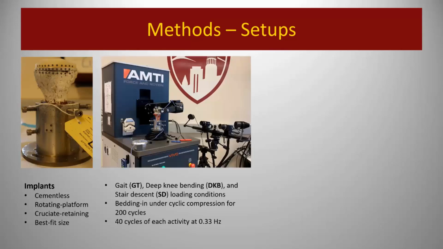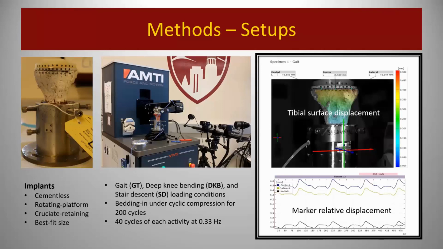The constructs were then mounted into the 6 degrees of freedom AMTI Vivo machine to simulate gait, deep knee bending, and stair descent. Experimental boundary conditions were derived from telemetric implant data and ASTM standard. After bedding in under cyclic compression, 40 cycles of each activity were performed.